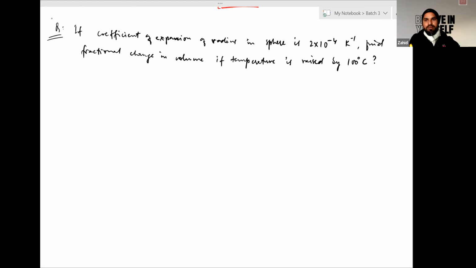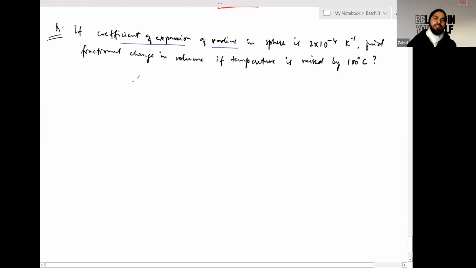Atif, just check your calculation. We have been given the coefficient of expansion in radius, so it should be linear expansion. It means alpha equals 2 into 10 to the power minus 4 Kelvin inverse. To find the fractional change in volume, which is three-dimensional, we first need gamma.